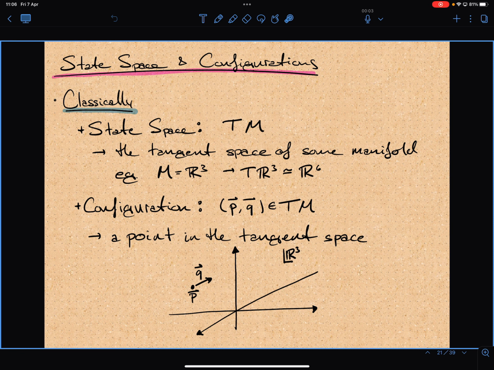So in the first postulate, we want to look at what our state space is and what our configurations are. In mathematical terms, something that people are most familiar with from classical mechanics in state space and configuration is projectile motion.